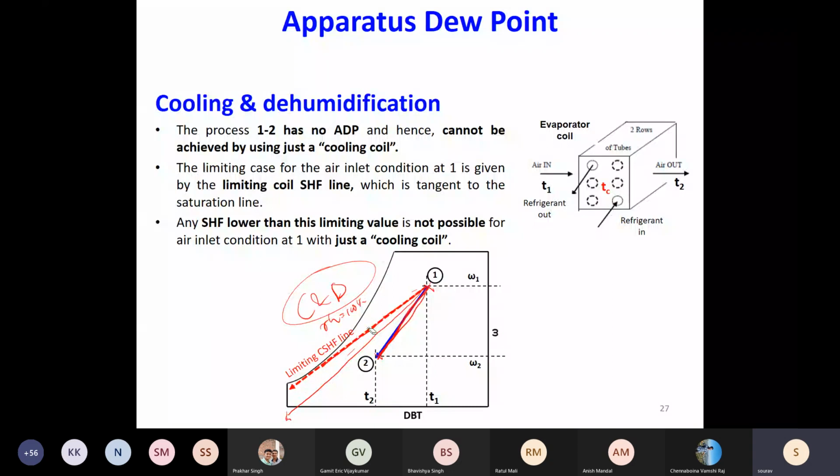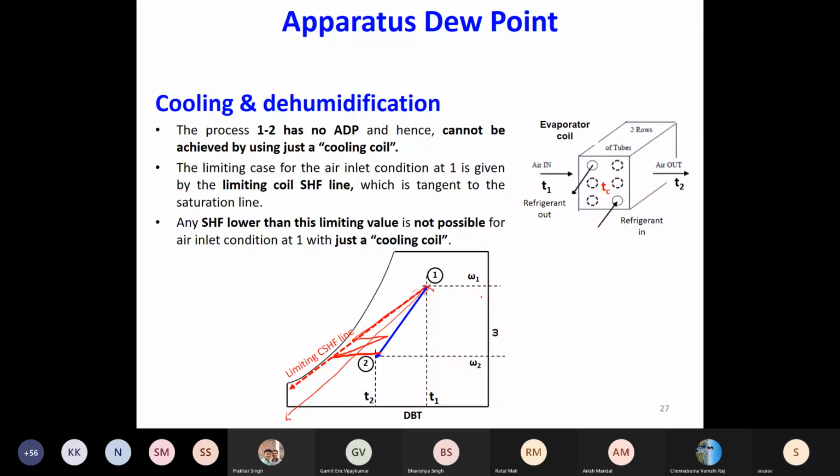So then what you need is a multiple sequence of processes. You may go here. Okay, then you may have to heat it up, maybe up to here, and then again you may have to cool it like this. So you may have to go through a series of processes, or if at all this is also not possible, then again cool, and then again. So now this helps you to understand why in your central ACs we have cooling coil and reheating coil.